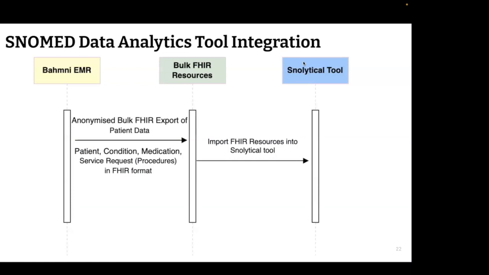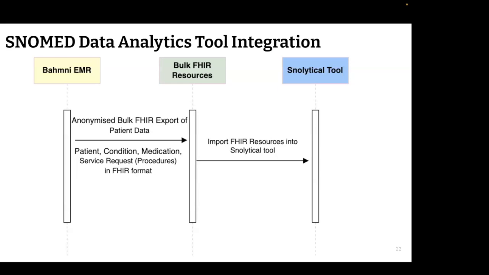So, let's say Bahmni as an EMR, basically we are registering and capturing patients' information, right? Let's say patients' demographics, then the condition, the medication that was prescribed, the service request. The service request in our case is nothing but procedures, right?